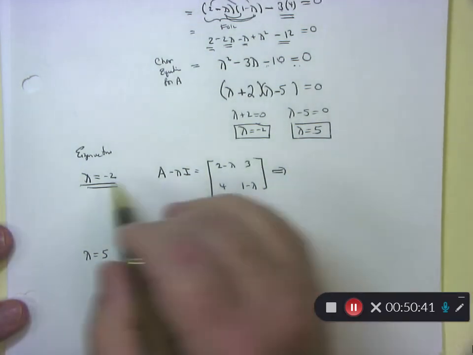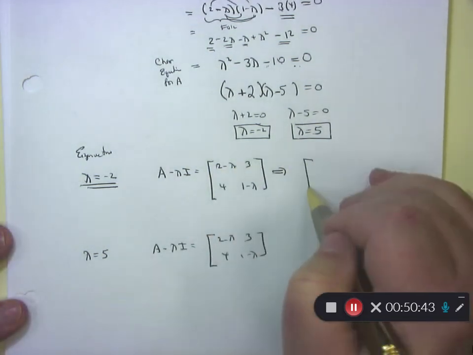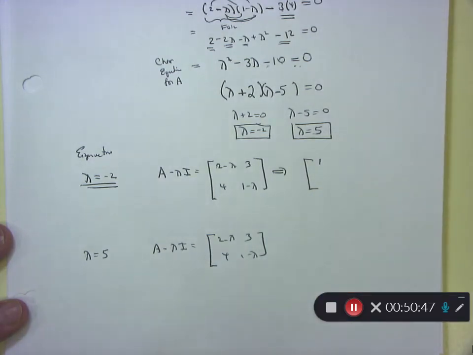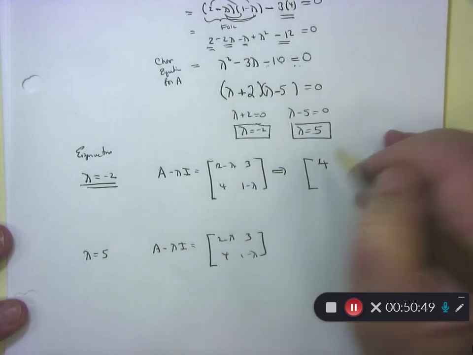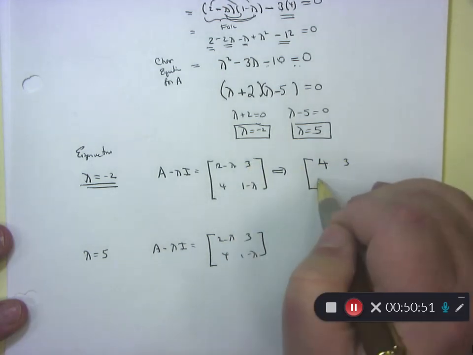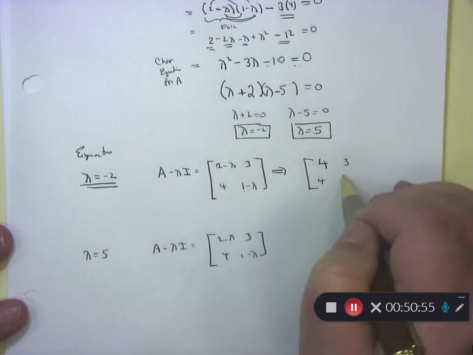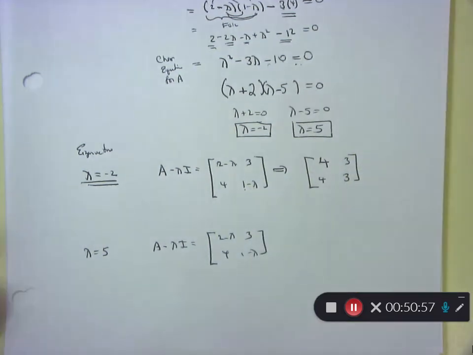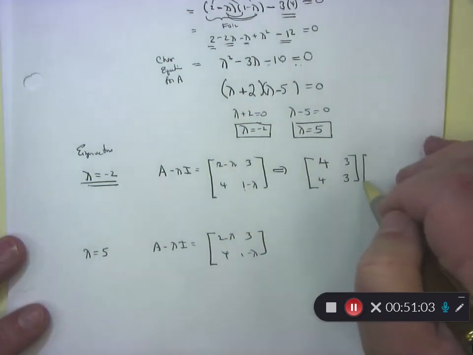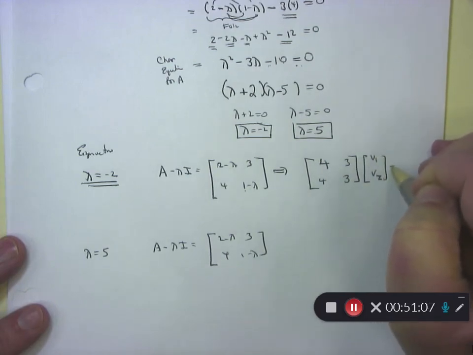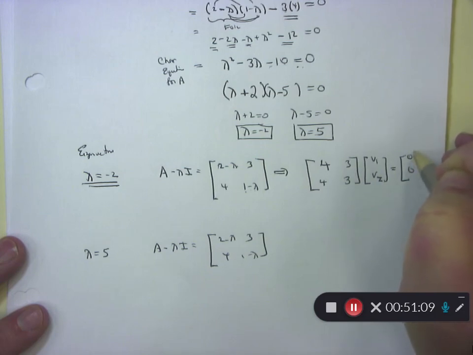What is 2 minus -2? 4. Then 3, 4, and what's 1 minus -2? 3. Okay, now you get a matrix. You want to solve for this V1, V2, where the product is going to be equal to 0.